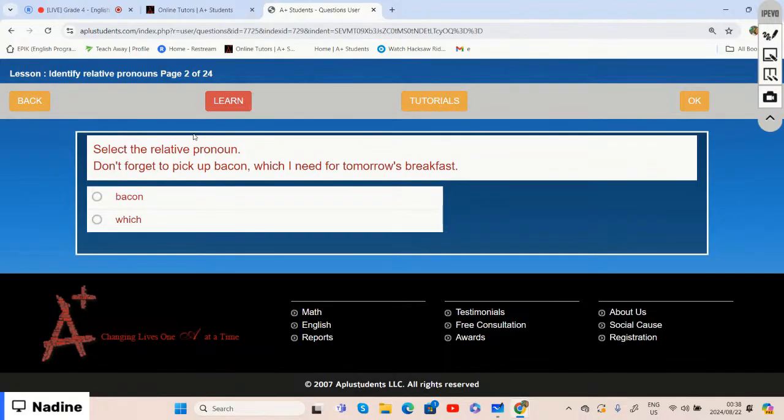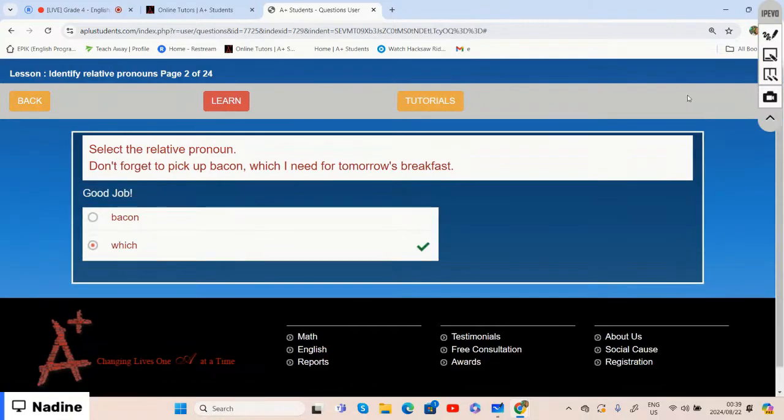Don't forget to pick up the bacon. Why? Because I need it. So, which I need. It's like connecting with this word, which, that, who, whom. It connects a noun or pronoun to the clause, right? So if we select the relative pronoun, then which is correct. Well done.